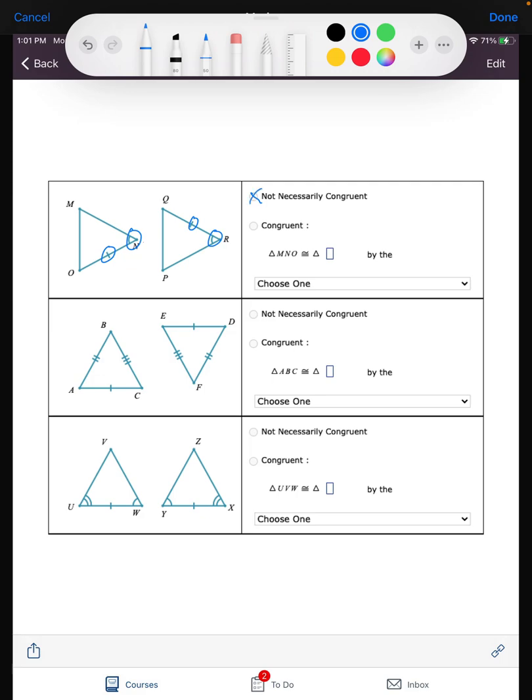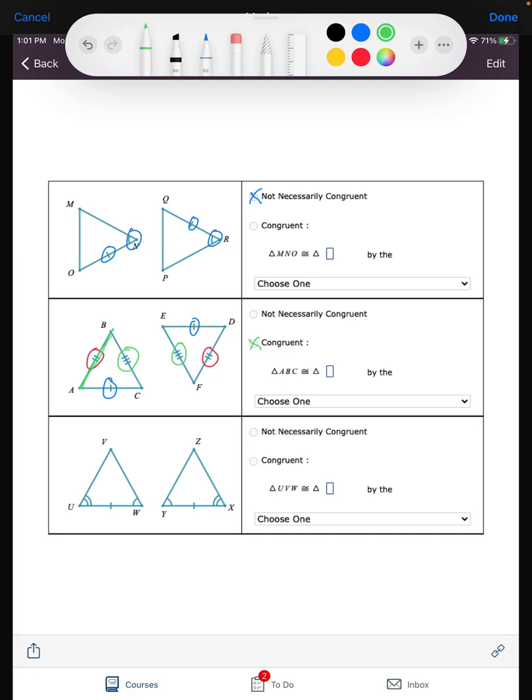The next one, we have a side equal to a side, another side equal to that side, and the third side equal to the third side. So we have side, side, side. So we could say these are congruent. Let's make sure we do this in the right order. A, B, C. So the first one goes from A to B, has 2 hash marks.